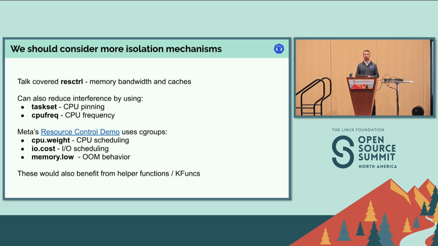There's a similar one, I/O cost, that does this for I/O. And the memory.low governor for cgroups controls out-of-memory behavior, so which process gets evicted first. So we should consider having controls where we can very efficiently, with low overhead, and very frequently adjust.